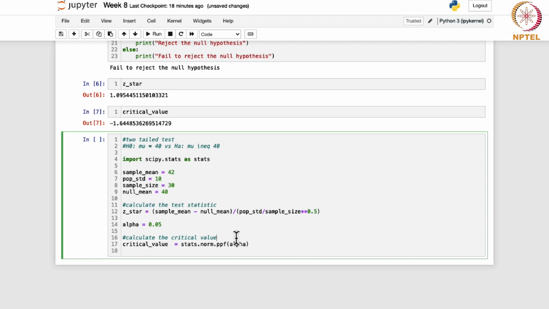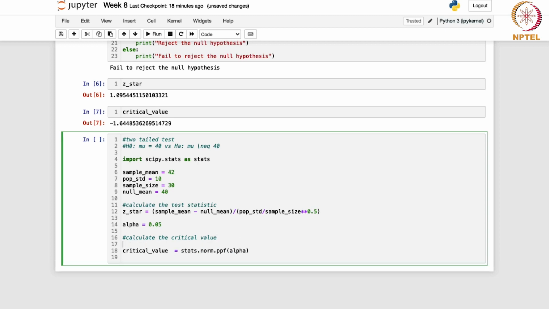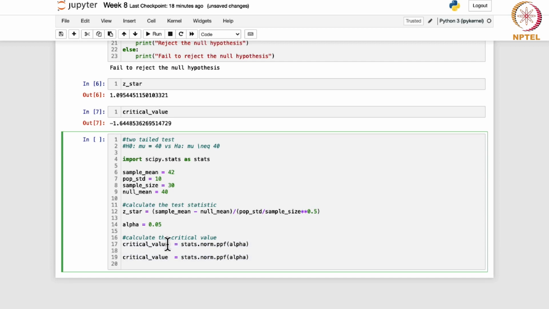So let me write, I can copy this. So critical value, first let us write for the left side. So it would be stats.norm.ppf(alpha/2), right? So here we are using this particular function, okay, to find out the critical value for the left tail, and we use alpha by 2 because it is symmetric, so alpha is split between the two tails, right?